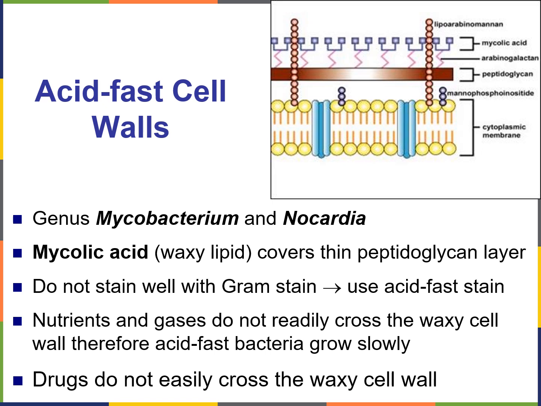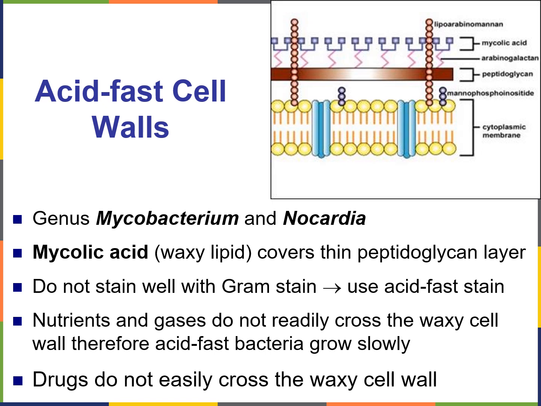Leprosy is actually spread through sneeze droplets as well, so it's considered to be respiratory as well. Nocardia is yet another respiratory disease that has about a 50% death rate. So both of these, Mycobacterium and Nocardia, are very, very important in the health field. We needed a quick way of being able to stain them and differentiate them from other bacteria.